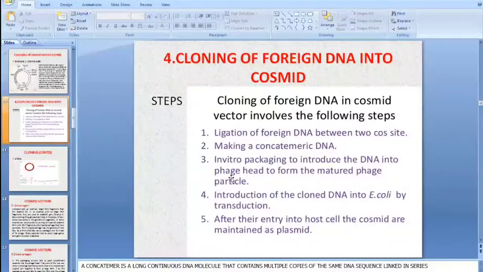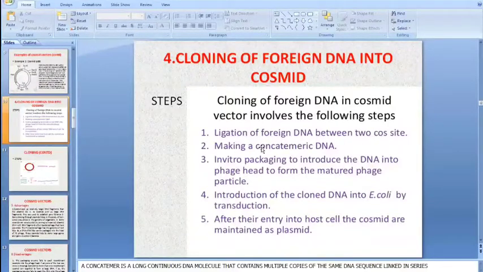Then, what are the steps for the cloning of foreign DNA into cosmids? These are the 5 important steps. First, we have to do the ligation of the foreign DNA between two cos sites. That means we have to take two cohesive ends of the particular vector.